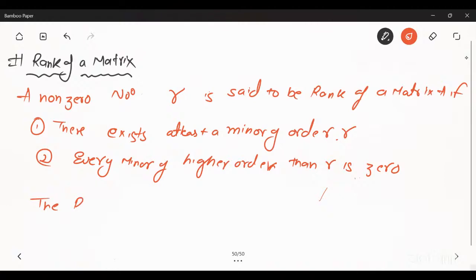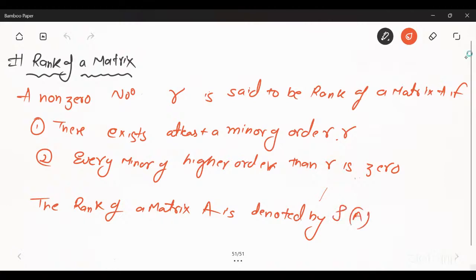The rank of a matrix is generally denoted by rho A. Now, there are two methods to find the rank of a matrix.